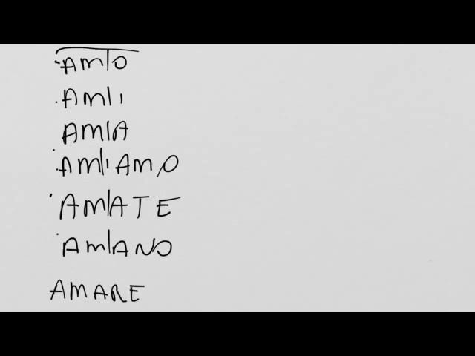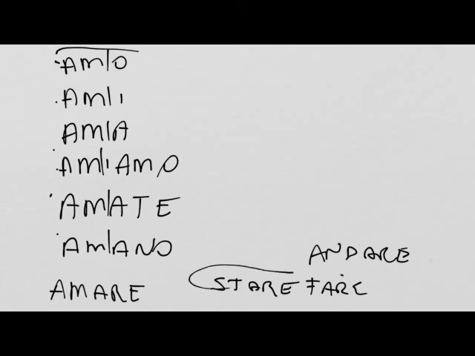The verbs are stare, fare, and, oh, I have to squeeze it, andare. I'll use another screen and I will repeat. Stare, which means to be, to stay. Fare, to do, to make, and andare is to go.